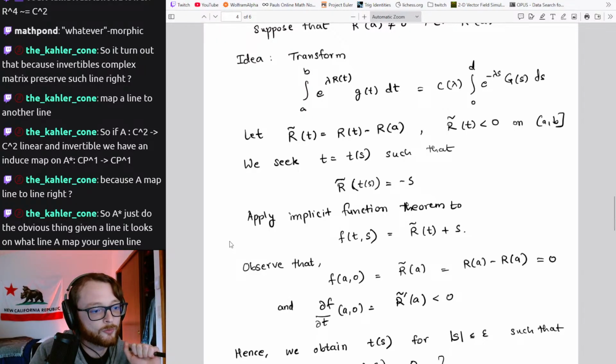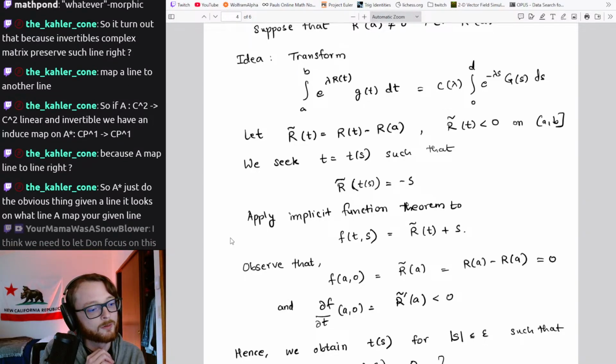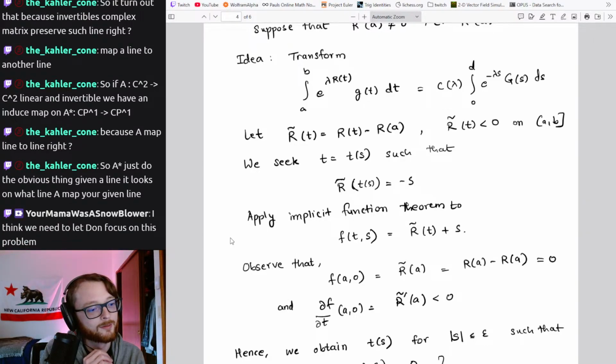So A star, just do the obvious thing, given a line, it looks at what line A maps to your given line. I think I kind of understand that. If I go back to thinking about R2, I guess.